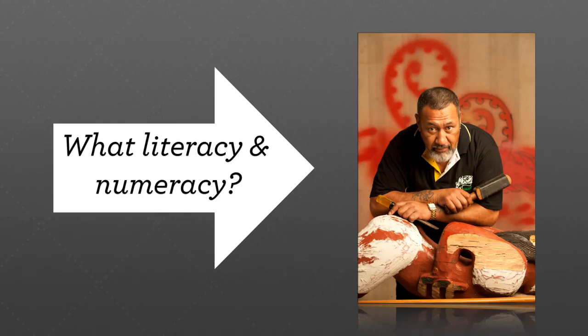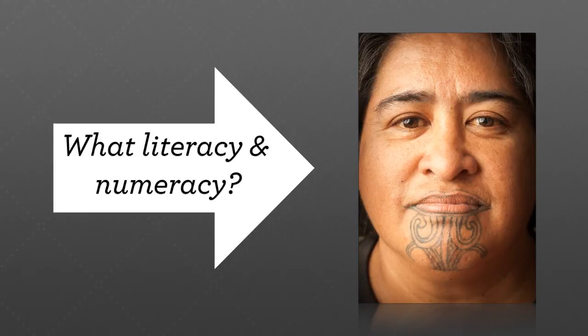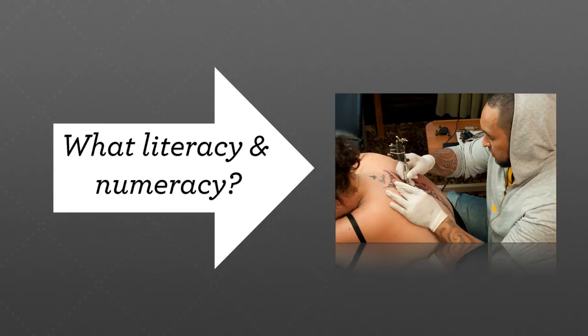Have a look here and tell me what kind of literacy and numeracy you think is going on. And what about here? And here. So there are more examples in the study guide and in the readings, but hopefully that's just enough to get you started thinking about it.